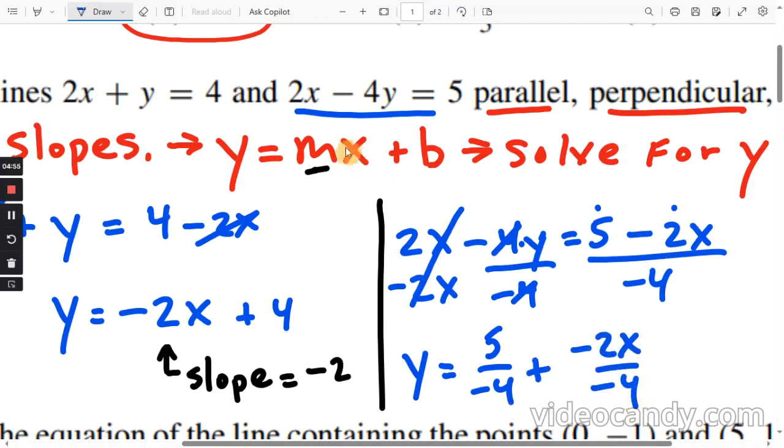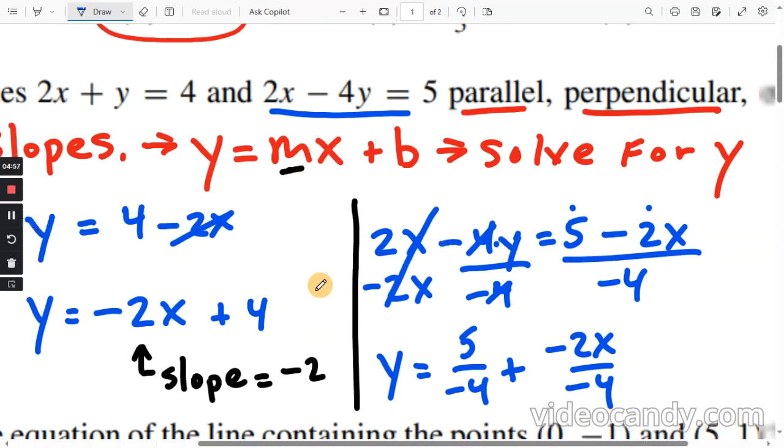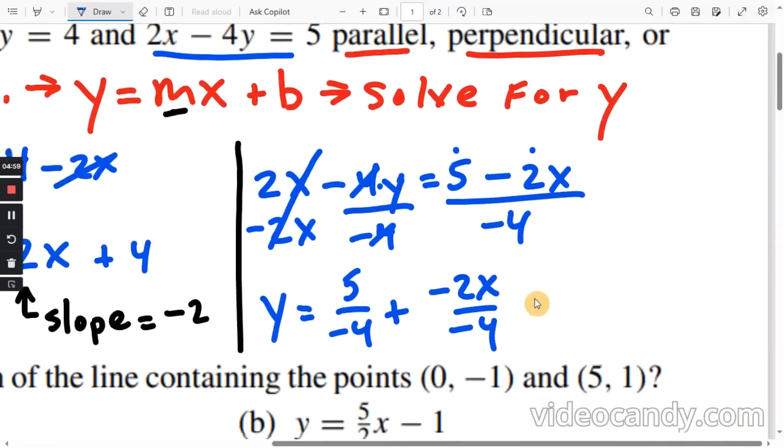And remember we want the mx term first. So rewriting, that's going to be y equals negative 2 divided by negative 4. Well, let's see. Negative 4 divided by negative 2 is just 2, and this would be 1, so it's 1/2 x.